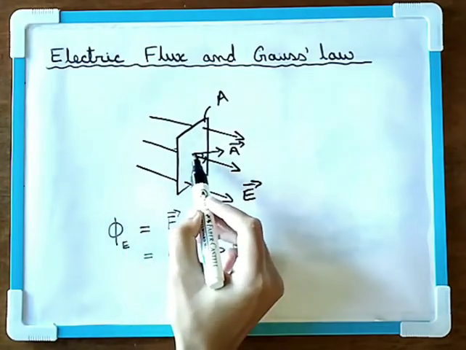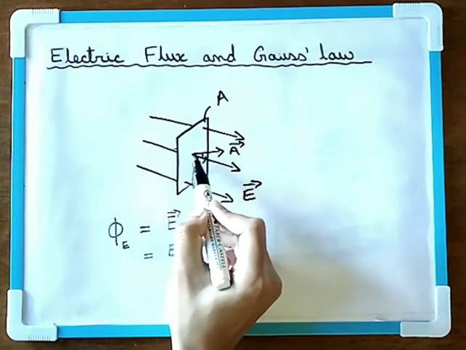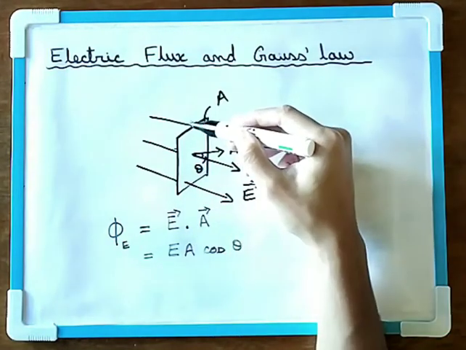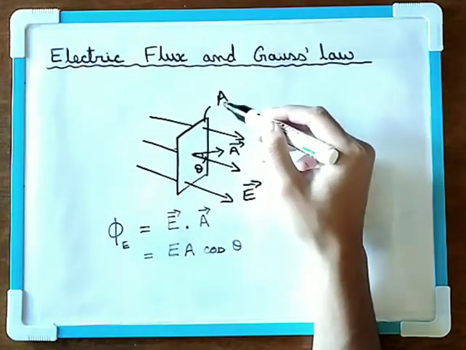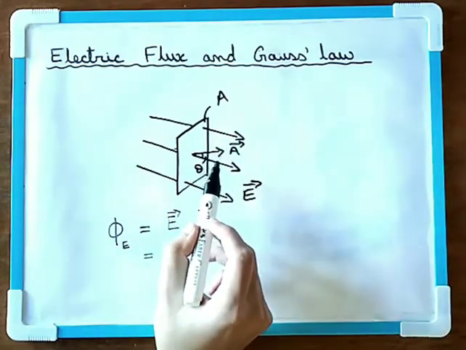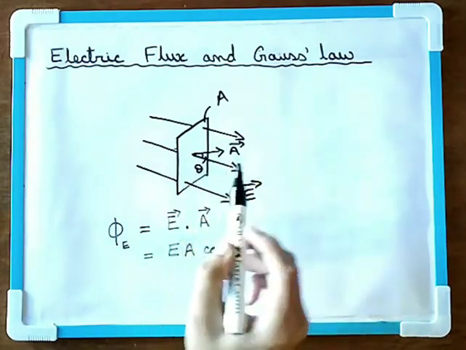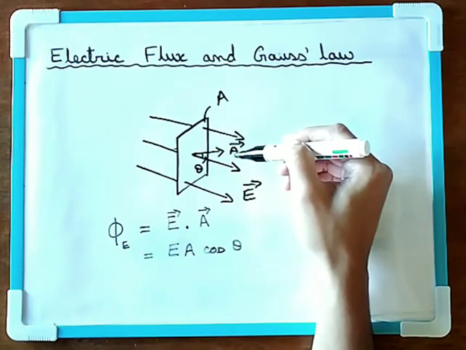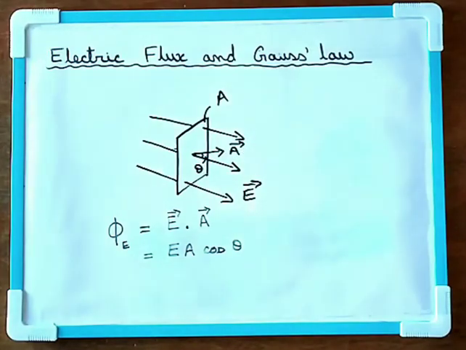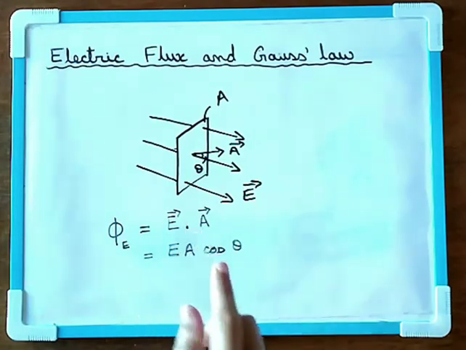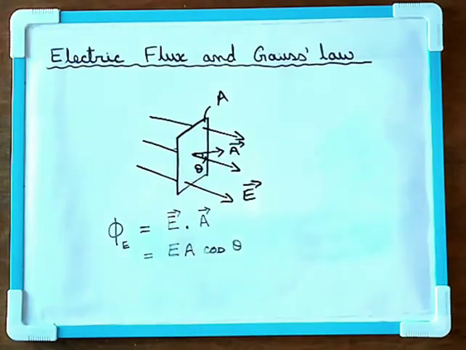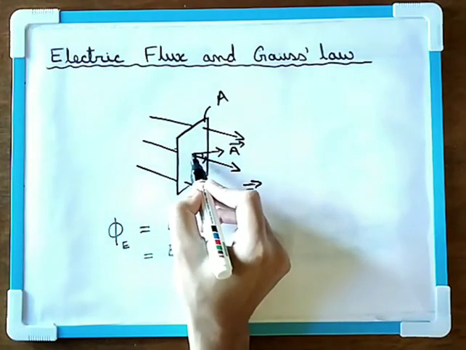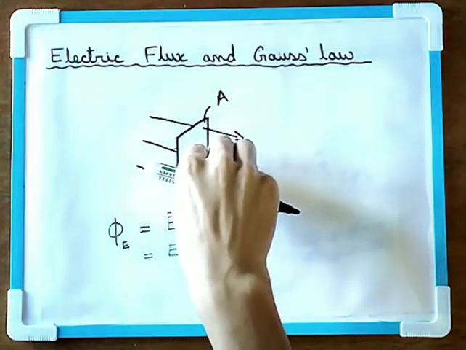So you'll have to resolve one which is normal to this surface area A, and another one which is parallel to the surface area A. Or in other words, one is in the direction of the area vector A, and the other one is in the perpendicular direction to the area vector A. So on resolving, you'll come across this formula. Okay, so you have E vector. One, you can resolve this one in this direction. I'll drop this one. This is your theta, remember this one.